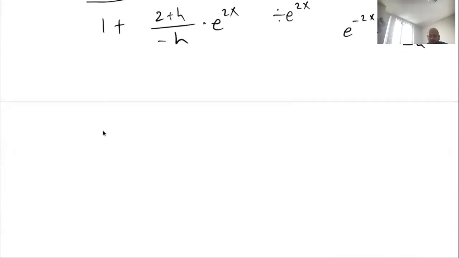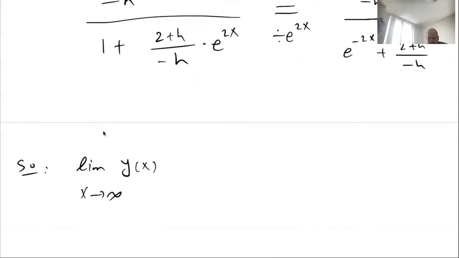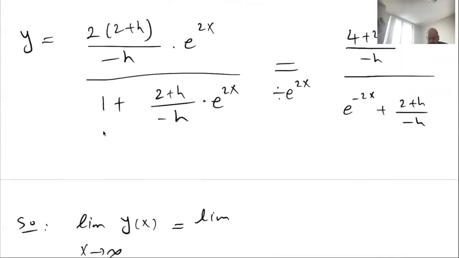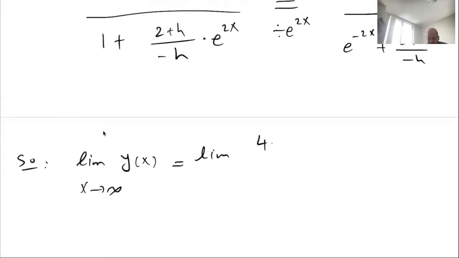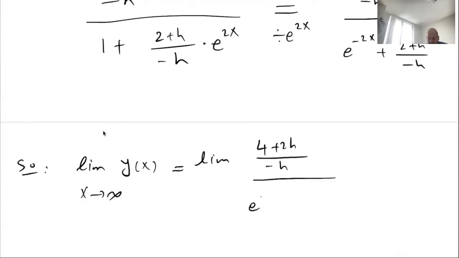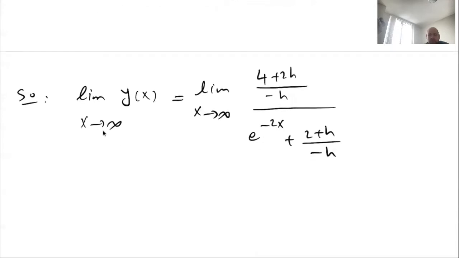Now I can find the limit as x goes to infinity. So limit y of x as x goes to infinity will be limit of this function here, (4 plus 2h divided by minus h) divided by (e to the minus 2x plus (2 plus h) divided by minus h), x goes to infinity. And what will be this limit?